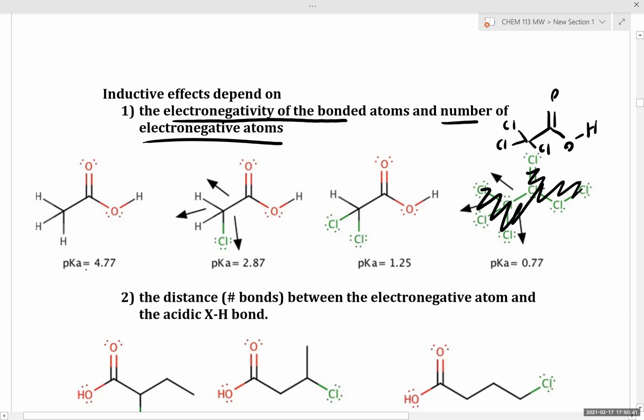So as we see, when we increase the number of bonded electronegative atoms, we see a corresponding increase in acidity or a corresponding decrease in pKa. Does everyone see how when we add chlorine atoms, our proton becomes more acidic, and in turn, our pKa drops dramatically? Does that idea make sense?